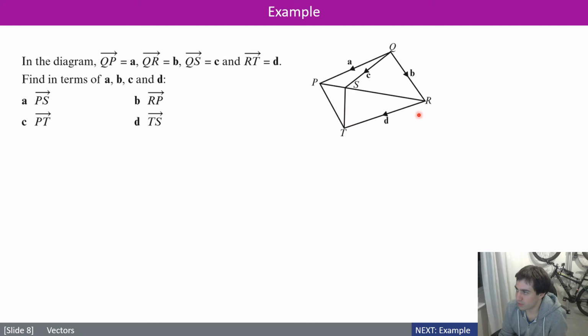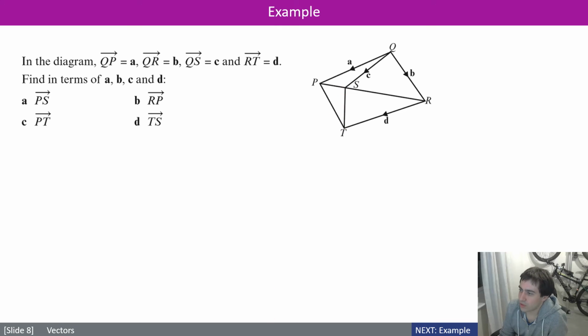And then you either travel, in this case D is traveling in that direction and minus D is traveling in the opposite direction. So all of these are vectors going on here in some sense. You've got 1, 2, 3, 4, 5, 6, 7 of them. 4 of them have been named, A, B, C, D, and the other 3 just don't have a name.